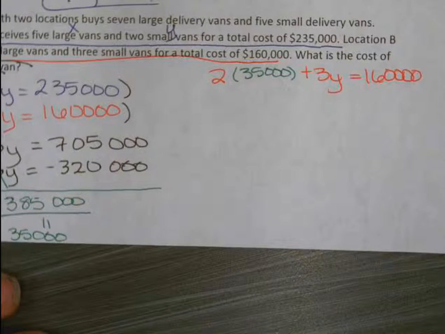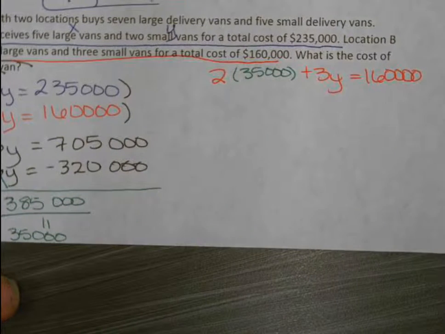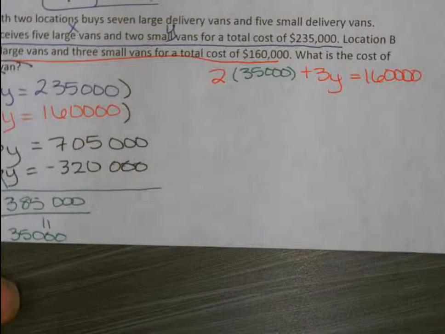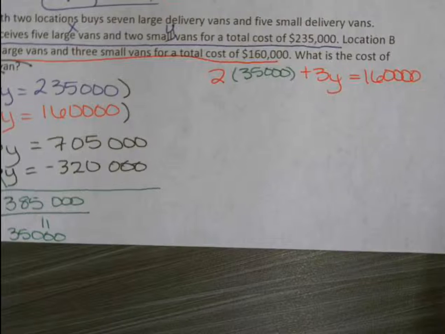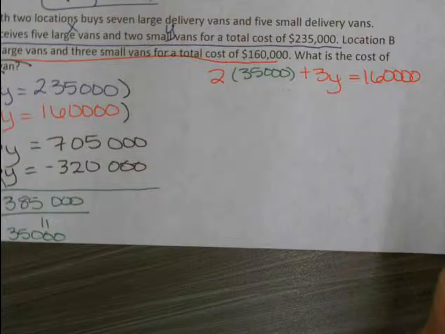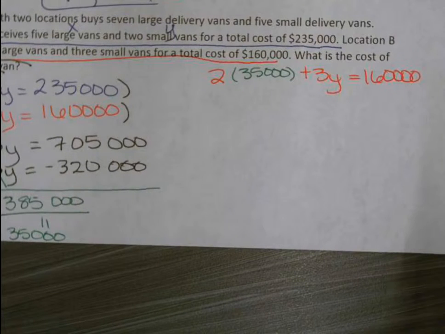Okay, so what's 2 times 35,000? You guys have calculators. I'm not making you do this in your head. $70,000.